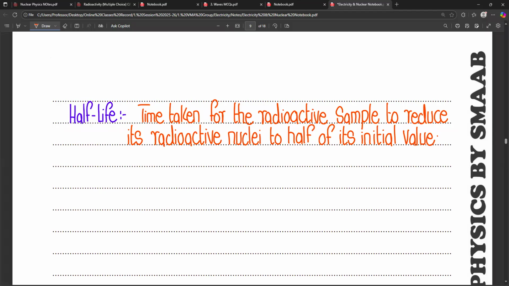So just like we discussed with the value 100, if something is starting from 100, we note down the time in which that 100 decreases to 50.